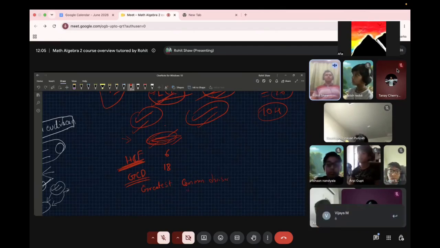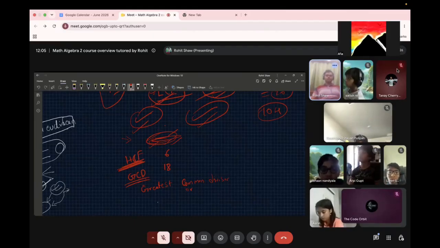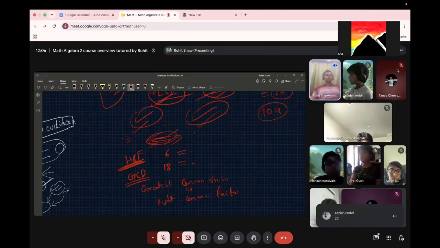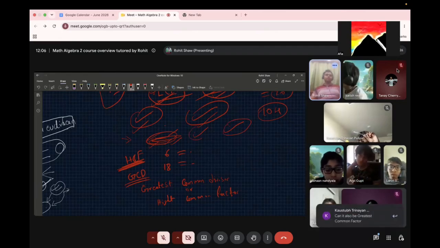Or for the time being, you can say the greatest common divisor is 6, right? Or I can say highest common factor. So how to find it? There are two methods. One is the long division method and another is the factorization method. Can it also be called greatest common factor? Yes, greatest common factor I can write.